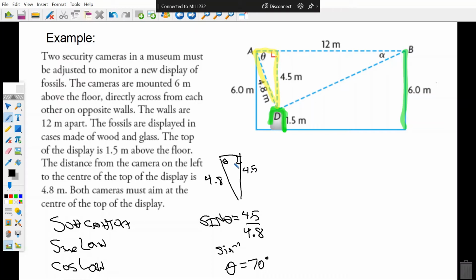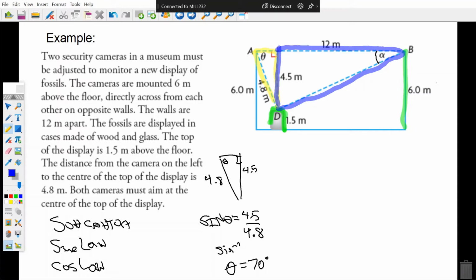Now, there's different methods to solve for this angle. Okay. What I think I'm going to try to do is I want to use this right triangle right here.